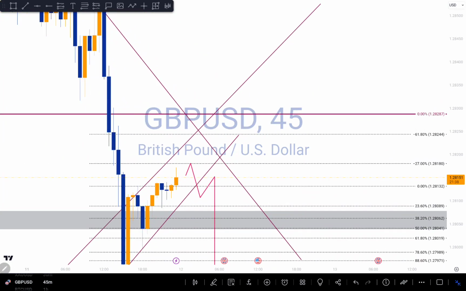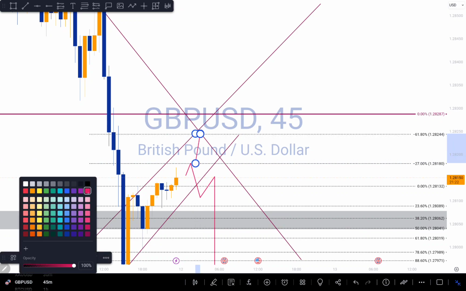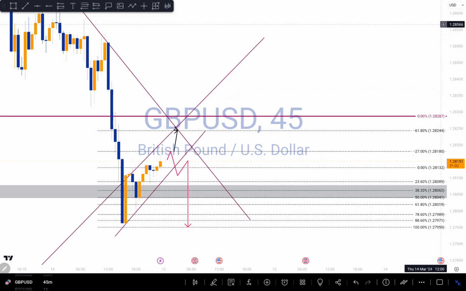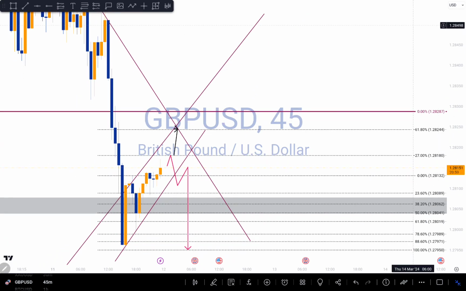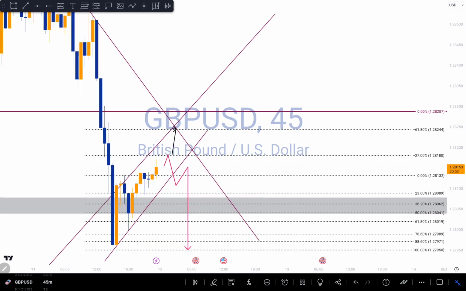But apart from that, I think it will continue to push to the upside based on the bigger time frame. So that is the scenario definitely. So this will be its first TP right here. So we might push up to this trend line to retest it, then we might turn to the downside and continue to push to the upside.